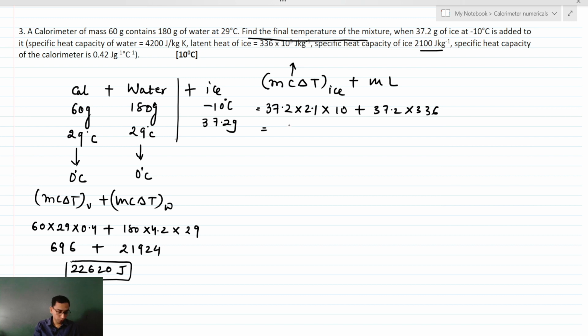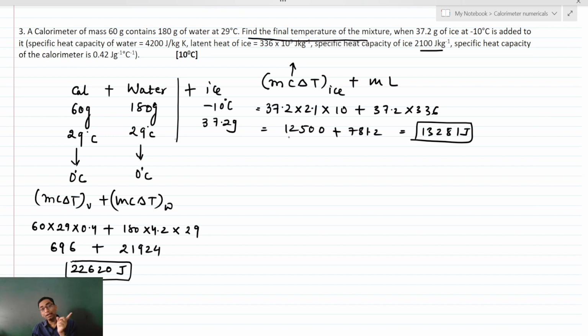Now if you calculate this one, you will get this answer as somewhere around 12499. I have approximately taken this as 12,500 plus this as 781.2, which adds up to 13281 joules.